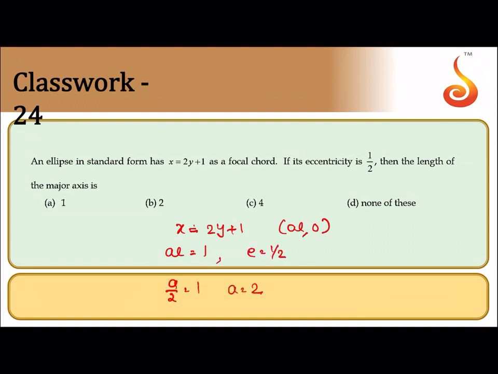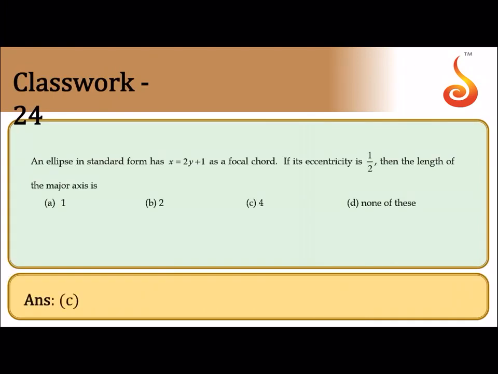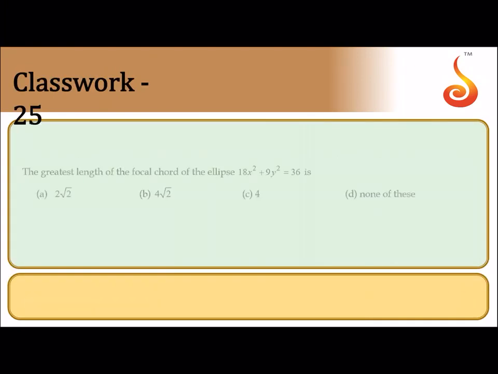Eccentricity E is given as 1 by 2. So A by 2 is equal to 1. So A equal to 2. Once you get this, the length of major axis will be 4, so 2A is equal to 4. Option C is correct.